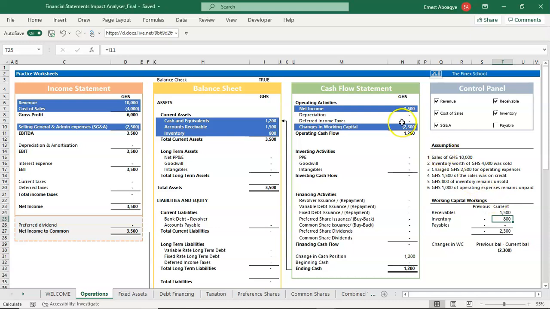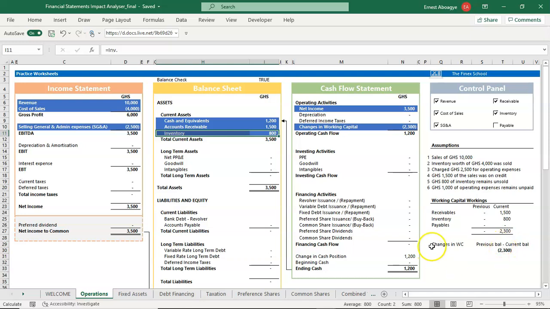So we have 2,300 as working capital adjustment to deduct from our net income to show the actual cash balance we have in our cash flow, and that is also split. So this 1,200 will feed back here, and we will show our receivables we are yet to collect, and we will show our inventory also being 800.